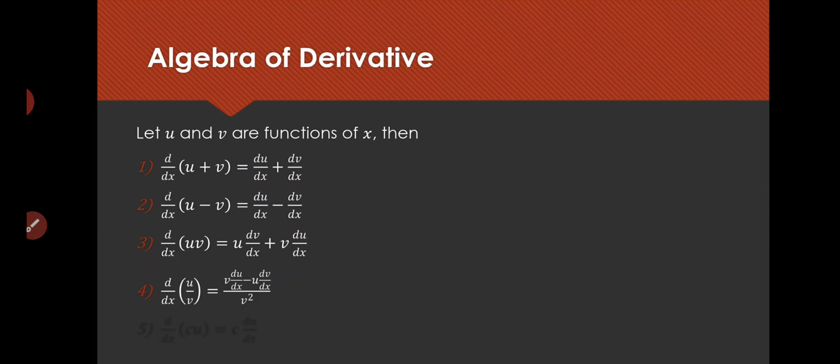So remember it like that, so that will be easy for you to remember. Denominator into derivative of numerator minus numerator into derivative of denominator, divided by denominator square.